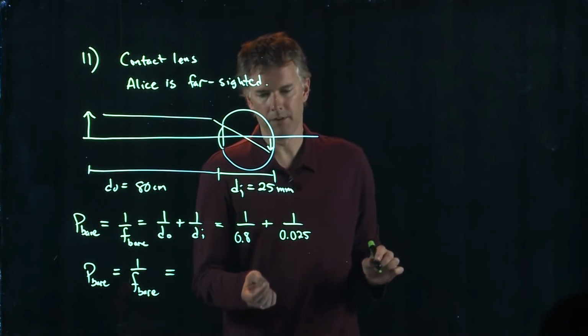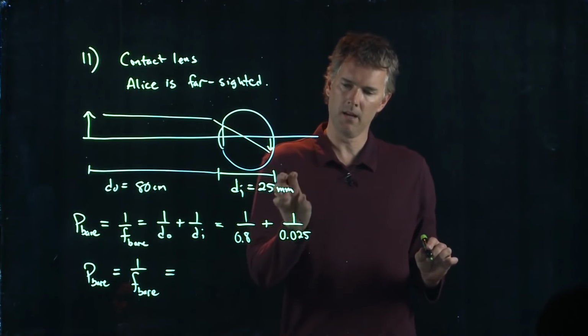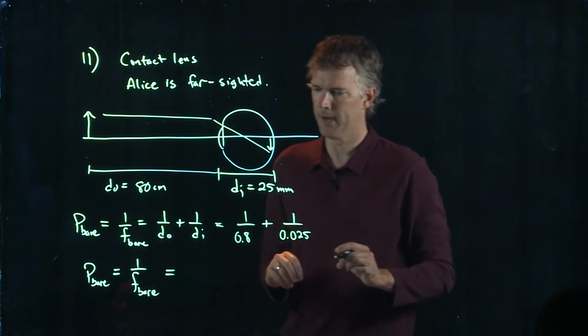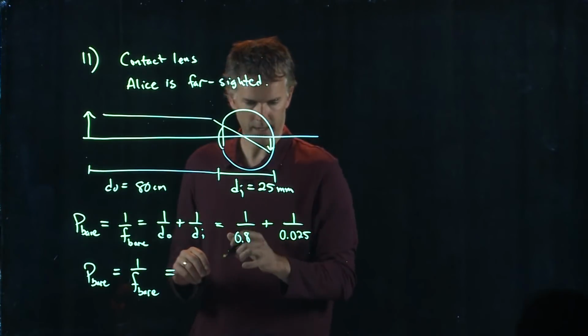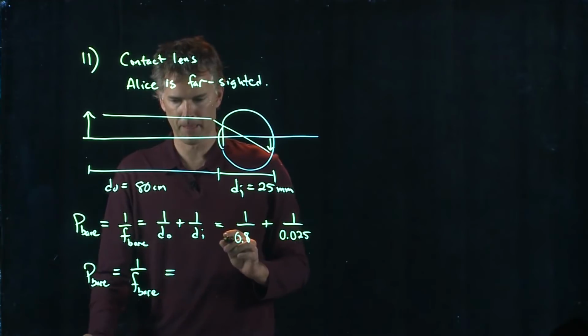And what do you get if you do that? You can almost ignore the 1 over 0.8. This is going to be a much bigger number, but punch it into your calculator anyway and tell me what you get for the power of her bare eyeball.